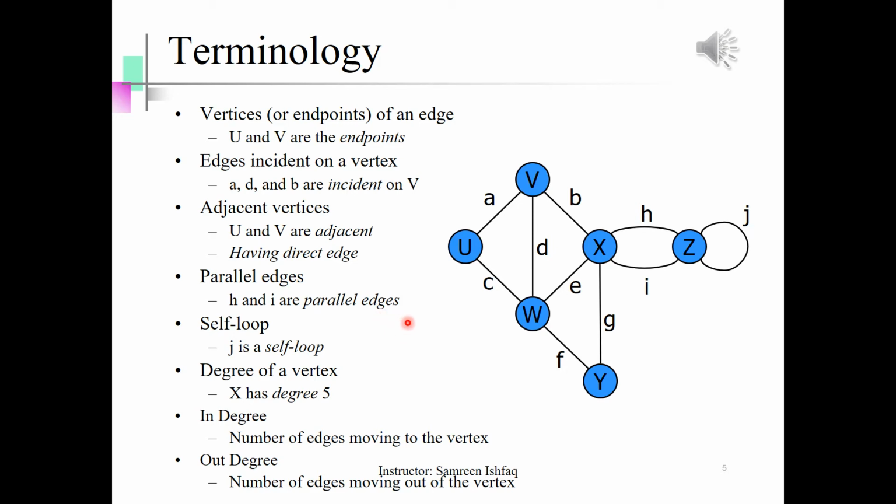In a graph, the number of edges coming out of a vertex is called the out degree. The number of edges coming in is the in degree. In an undirected graph, we just talk about the degree of a vertex. It is the number of edges linked with a vertex. In this graph, x has degree 5 because there are 5 edges connected to the vertex x.